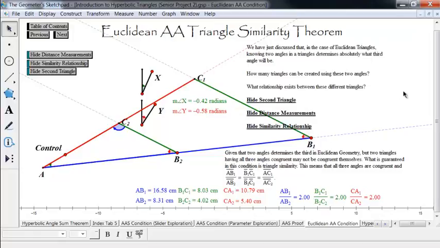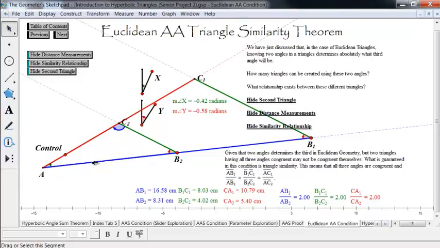As I have it right now, every length in the big triangle, triangle 1, is exactly twice the length of the corresponding length in triangle 2. So we have what's called a dilation or size transformation going on here, and we have what we call similar triangles.